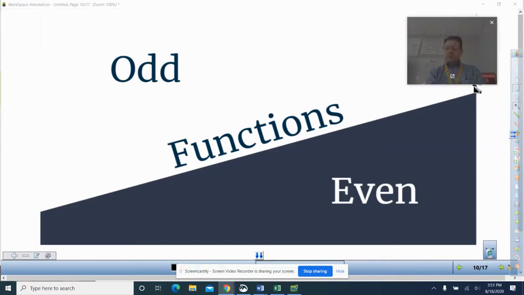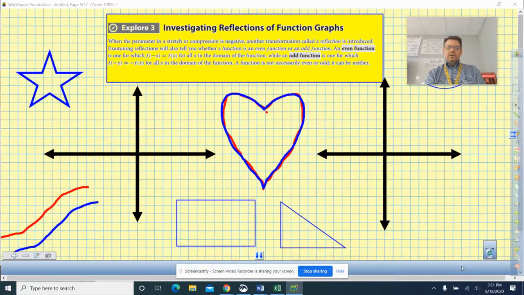Okay, so let's jump over to this slide. We see this definition up here that is kind of confusing just a little bit, so we're going to mostly do some picture stuff. But let's talk about this first. We've got even function. Something is an even function if it's one for which f of negative x is equal to f of x for all x in the domain of the function.